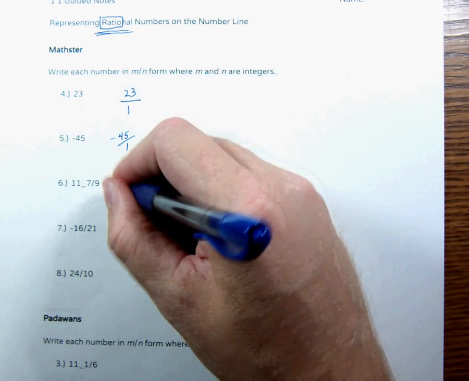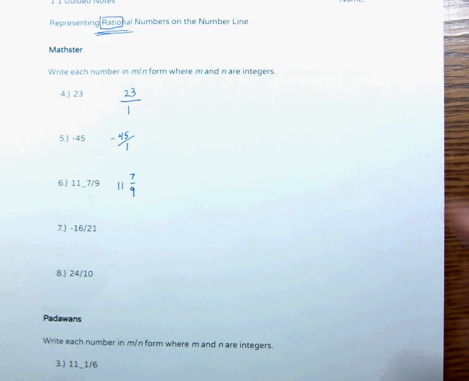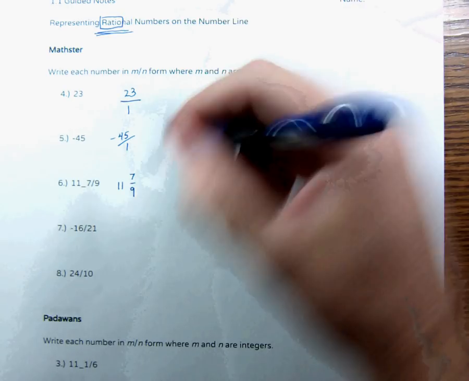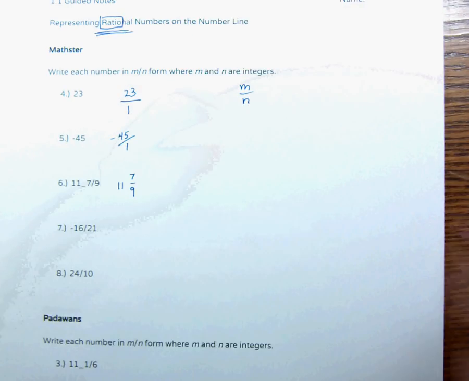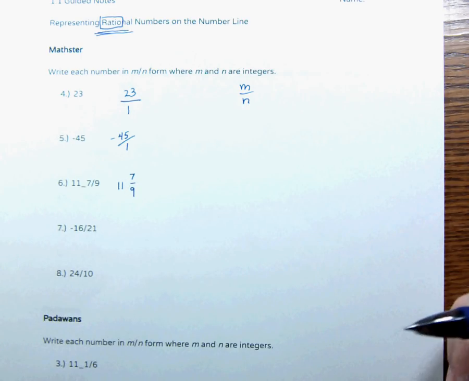This right here is 11 and 7/9. Well, that is not in m over n form. I can't have this 11 here. That's got to go away. So instead, I'm going to change this into an improper fraction. In fact, you'll probably hear me tell you about 100 times in class that I don't like mixed number fractions very often. In fact, I love improper fractions.